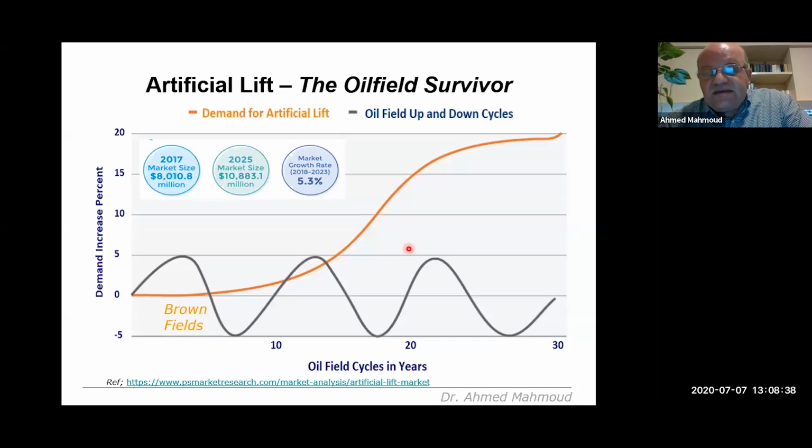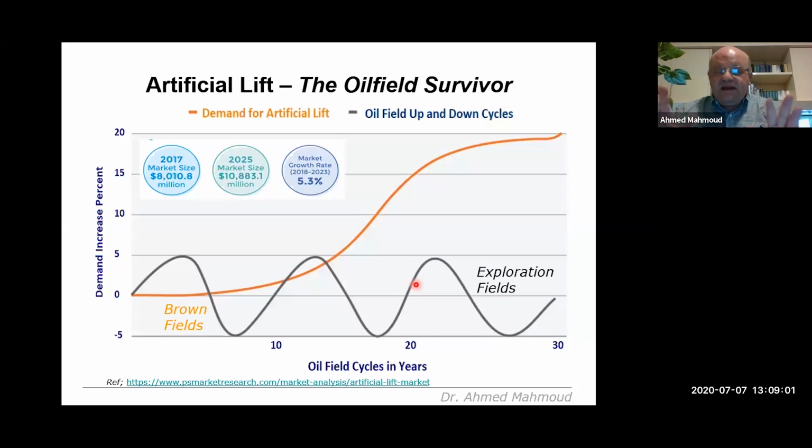And because the oil price is high, they want to again maximize production. By maximizing production in the exploration fields, which has been justified due to the increase in oil price, they will again need to use artificial lift methods.